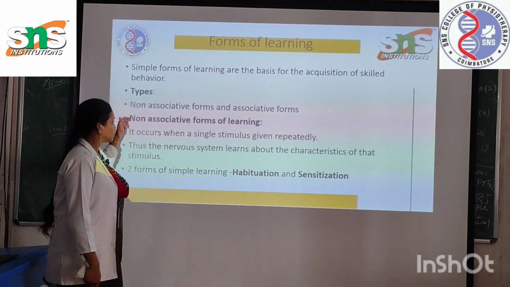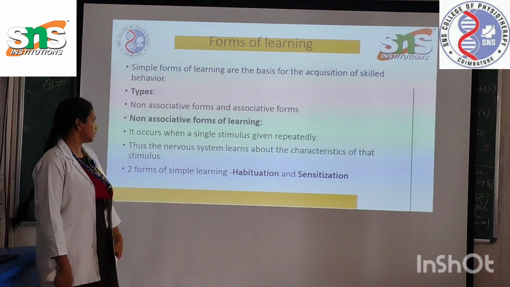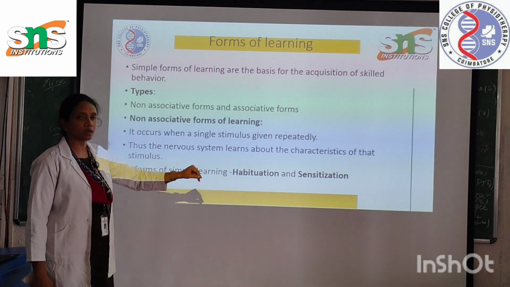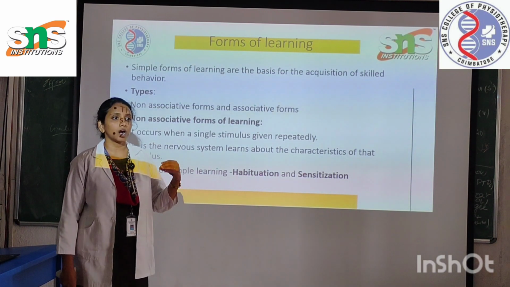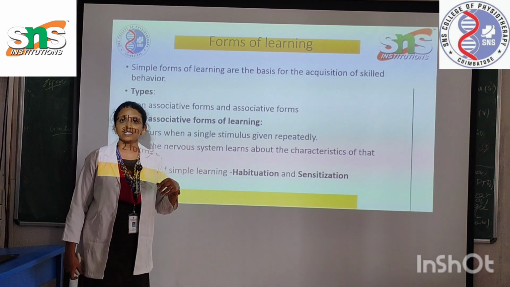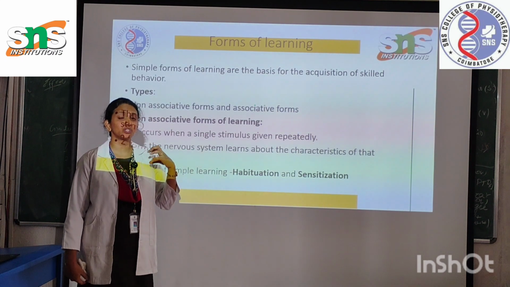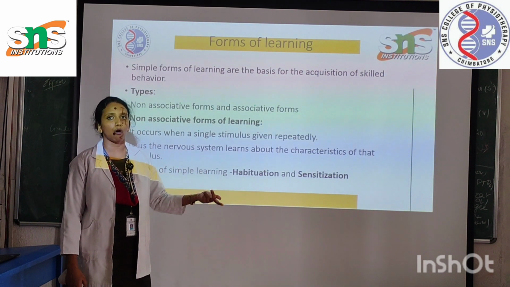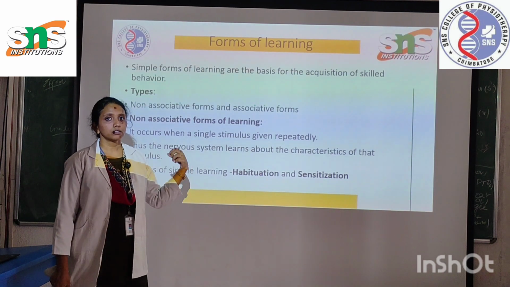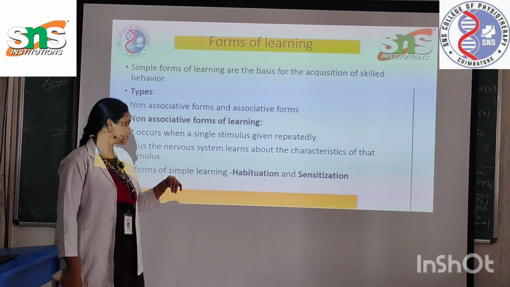So that is the non-associative form of learning. Thus the nervous system learns about the characteristics of the stimulus. Once we are adapted to that stimulus, the nervous system, which is the brain, will learn what the characteristics of that stimulus are. That will give you an adaptation to that stimulus.